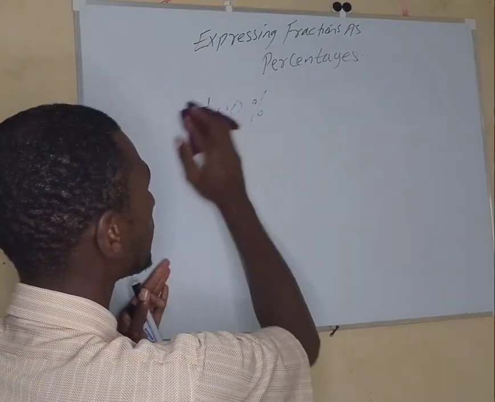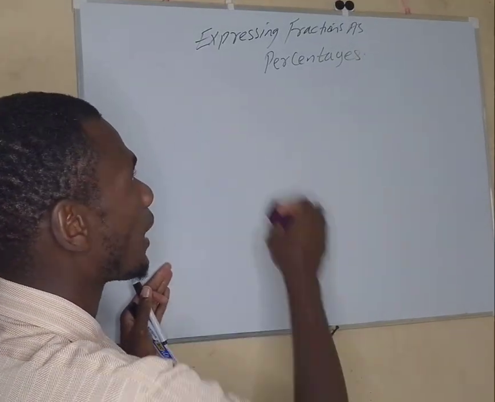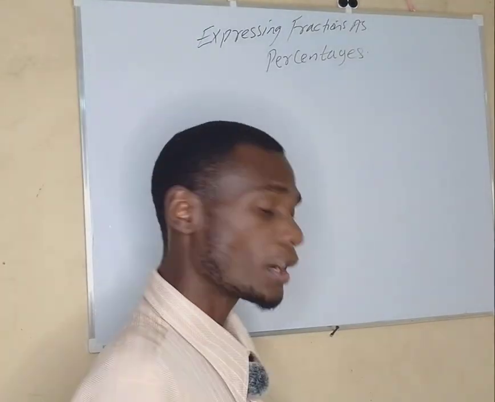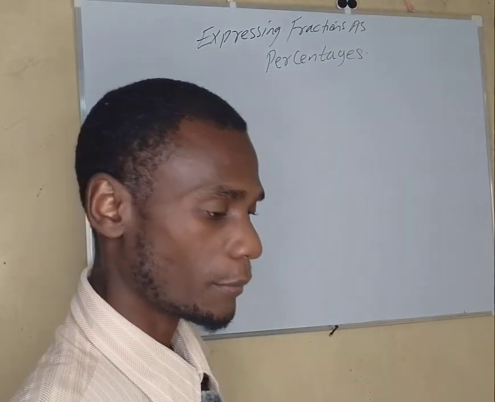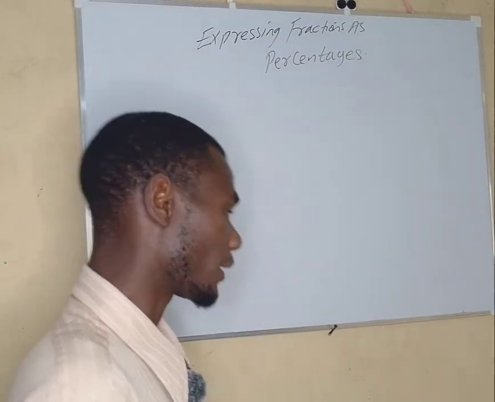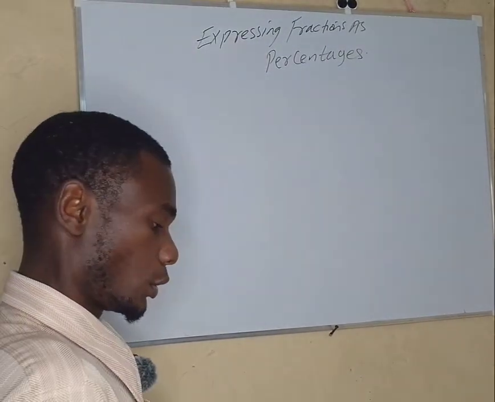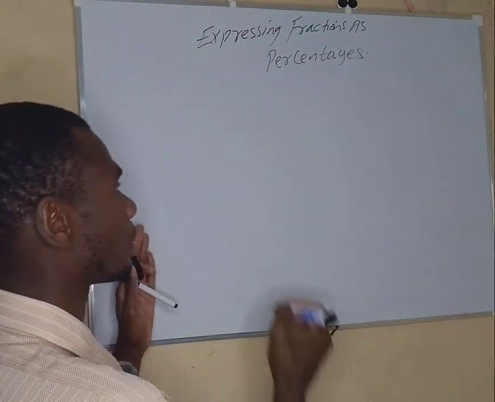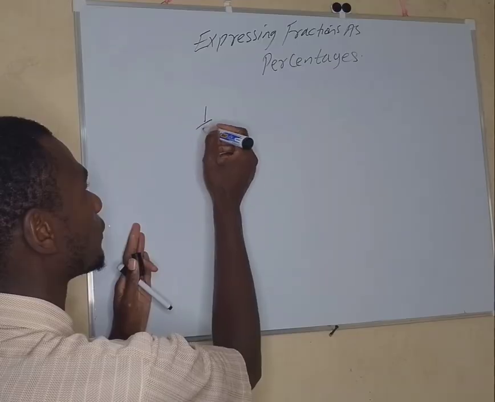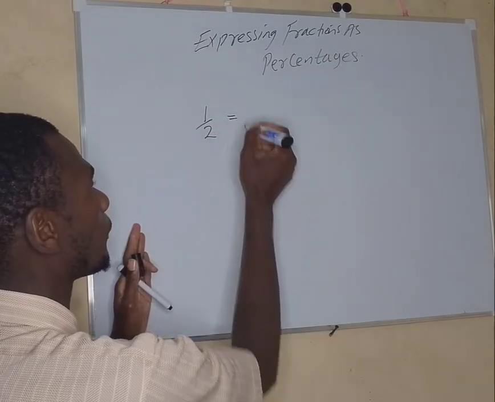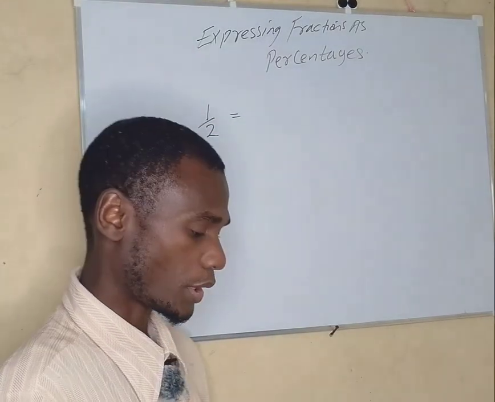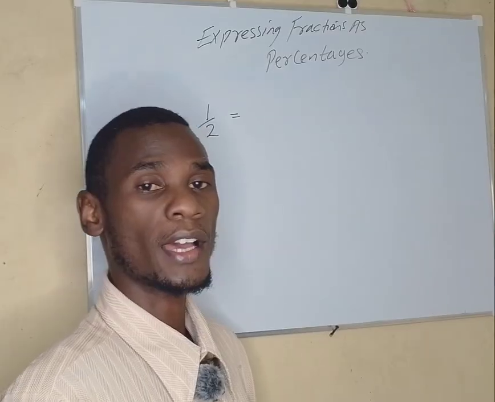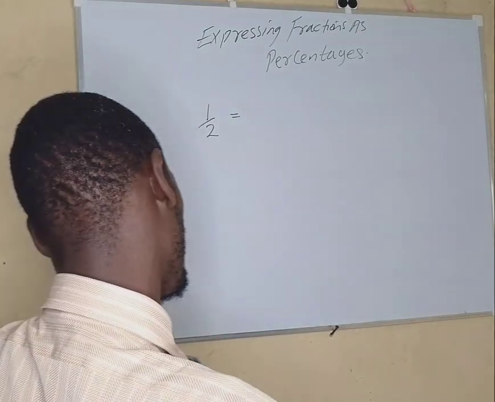So how can we express fractions as percentages, or how can we convert a fraction into percentage? Let me take an example, let us start with a simple fraction like a half. You are asked to convert a half into percentage.